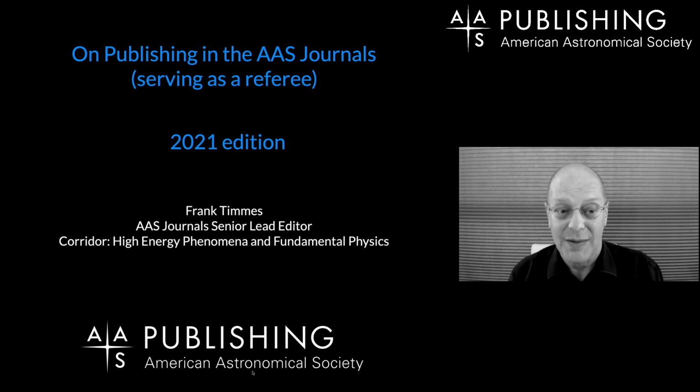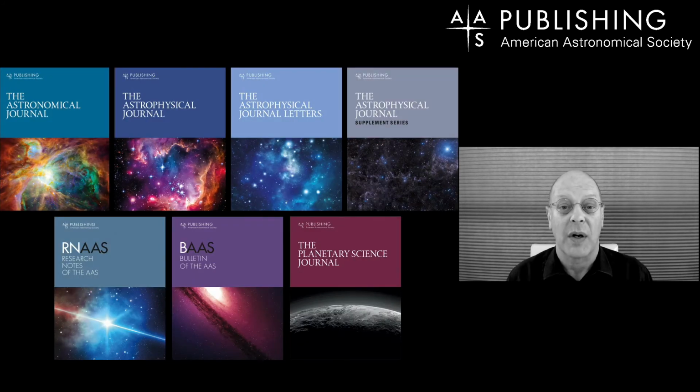And this is on publishing in the AAS Journals, serving as a referee. This is the 2021 edition of this material. So just to be clear about what journals we're going to be talking about, these are the 7 journals of the AAS. The ones that run reviewing processes are the AJ, APJ Letters, APJ Supplement Series, and the Planetary Journal.